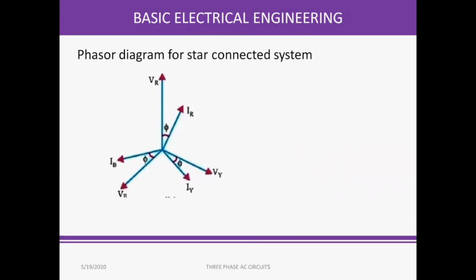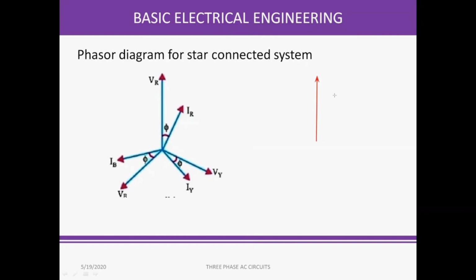Next, an important concept of the three-phase star connected system is the phasor diagram. How to draw the phasor diagram? The phasor diagrams are drawn for the phase quantities. First, we have to draw the reference, which is VR. I have taken VR vertically; you can take it horizontally.